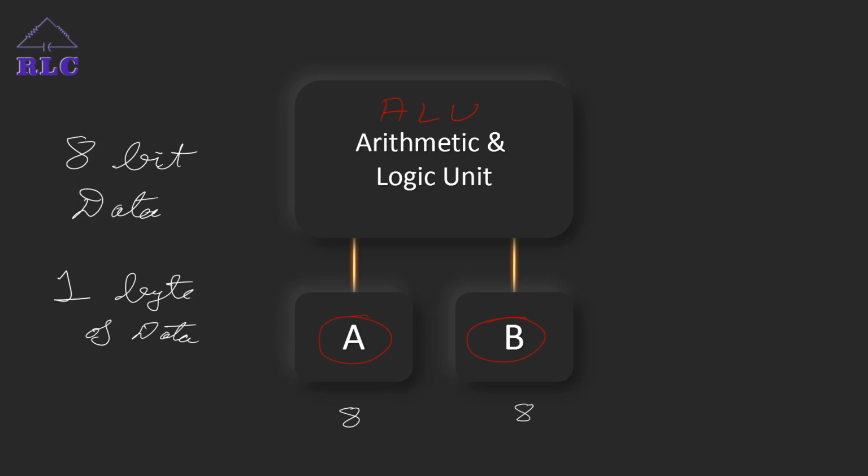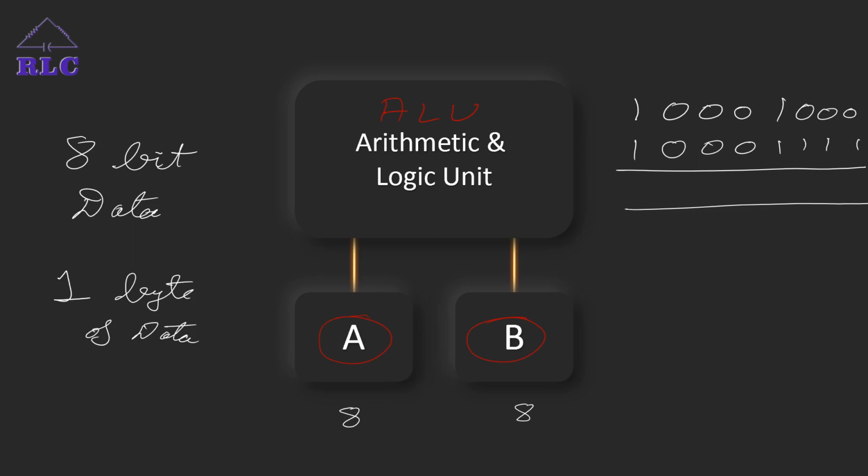Next, say I take two 8-bit data, for example 1000 1000 and 1000 1111, something like this. If I perform the addition operation on this, I get the result 1 0001 0111 with a carry of 1.